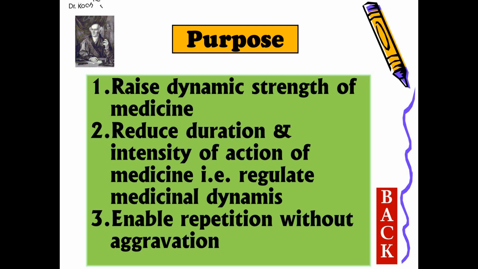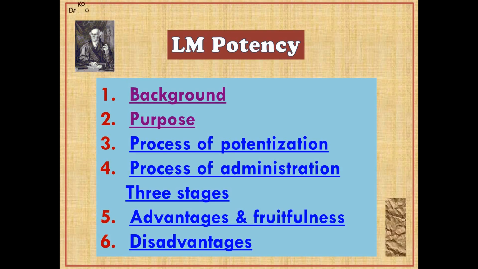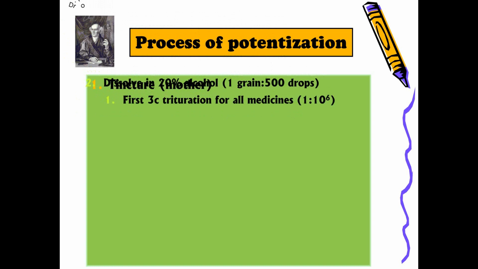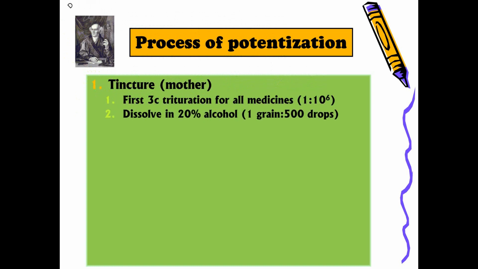Then the process of potentization. This we have studied during our student life, and we will just focus on it again for our recap. Hahnemann says tincture, he doesn't say mother tincture, but to make it clear I have written compare with centesimal mother tincture.